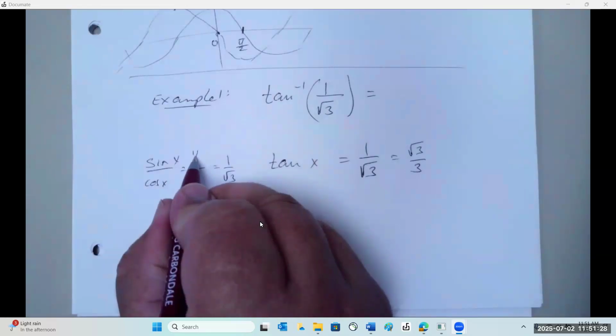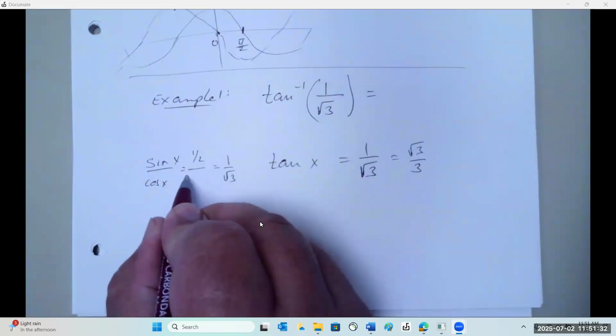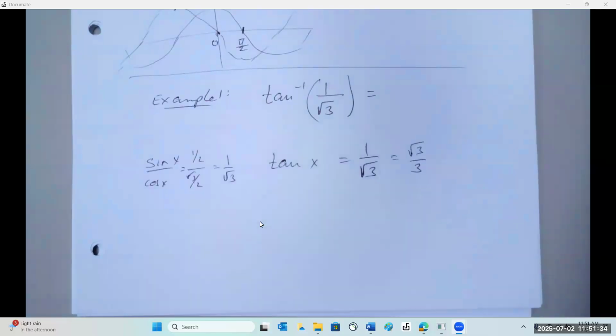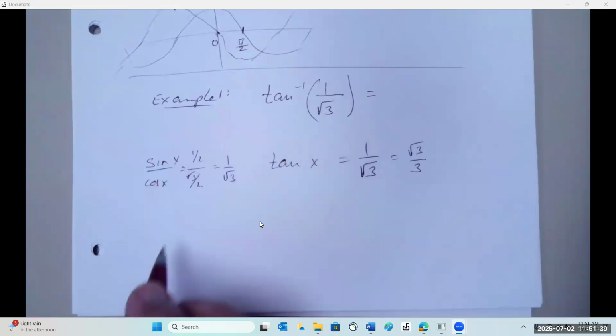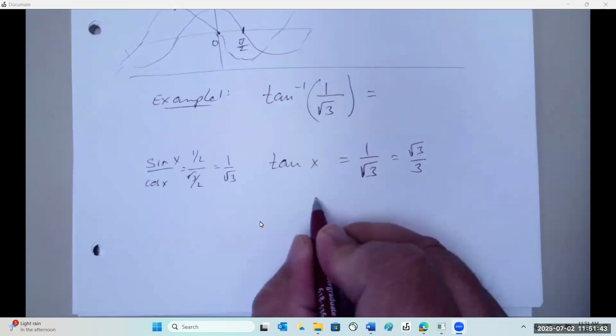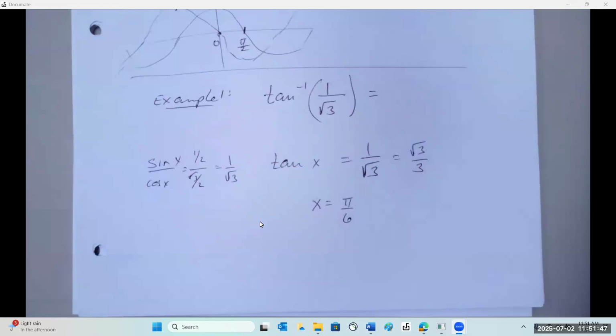So if the sine was 1/2 and this one was radical 3 over 2, reciprocate them, then we get this. The 2's would cancel. So this is at pi over 6.